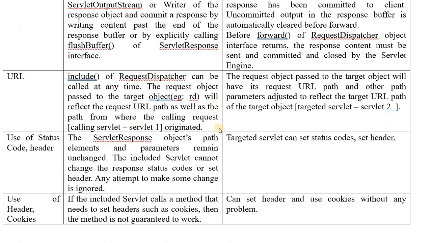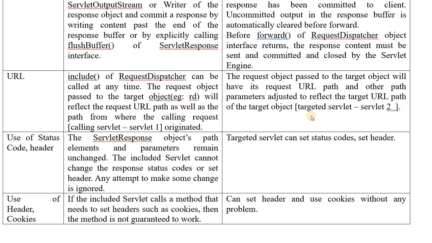Now URL. The include method of the request dispatcher can be called anytime. The requested object passed to the target object will have its request URL path and other URL path parameters adjusted to reflect the target URL. Means what?